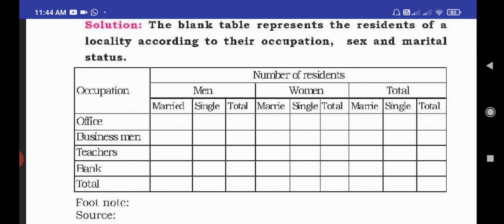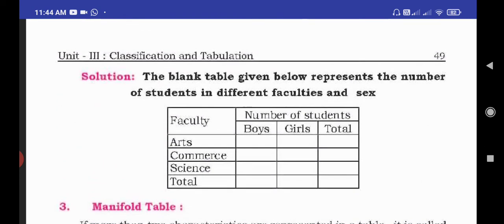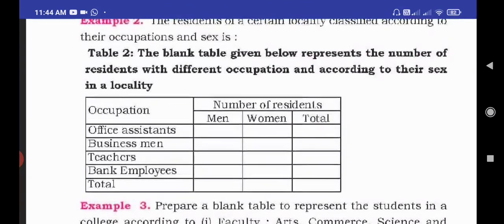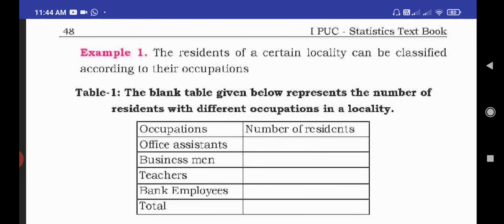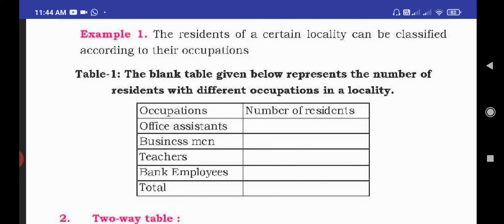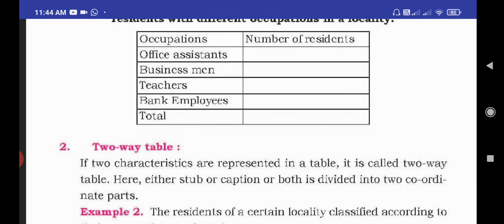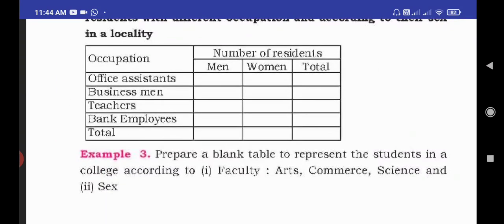Okay students, I think all of you have understood. There are three types of tables. First is the one-way table, where we give importance to only one characteristic, the number of residents. Next, the two-way table: we give importance to number of residents, again classified into two, men and women.